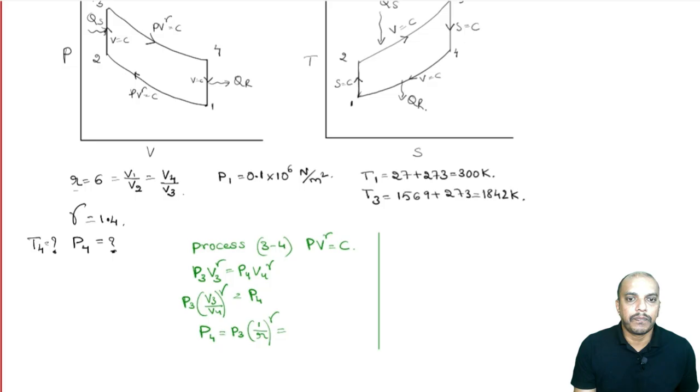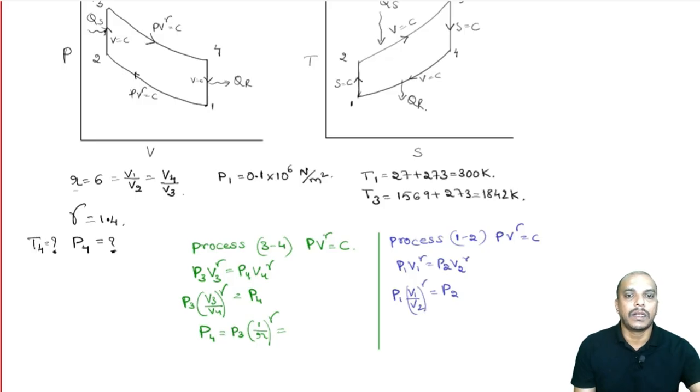First we will start with process 1 to 2. Now, process 1 to 2 is P1 V1 power gamma is equal to P2 V2 power gamma. I can use this because process 1 to 2 is also PV power gamma is equal to constant. Now, P2 is equal to P1 into V1 by V2 whole power gamma.